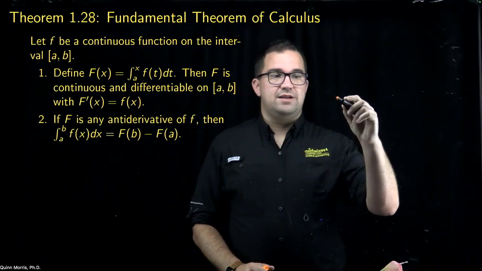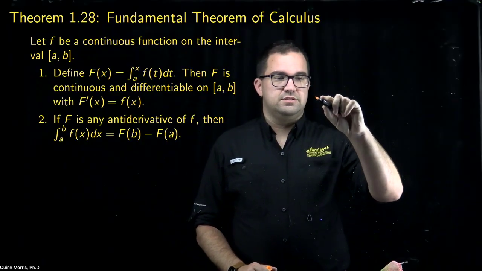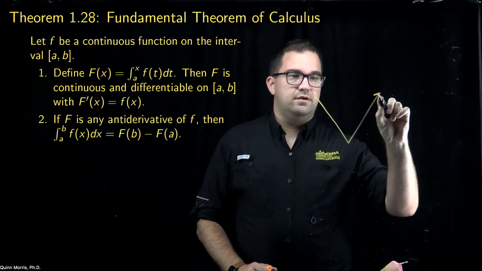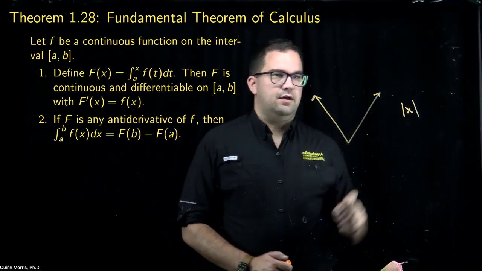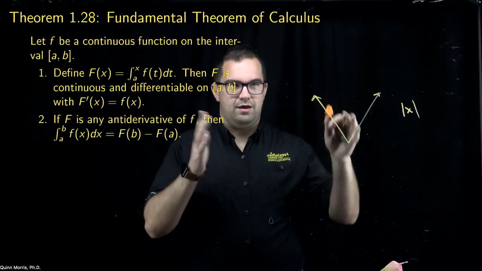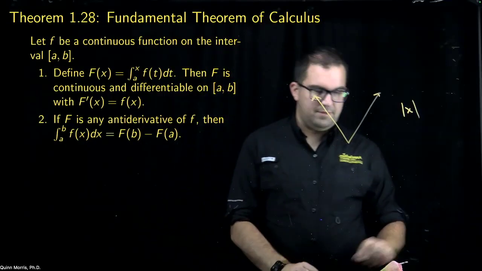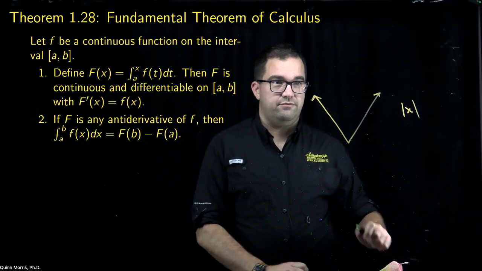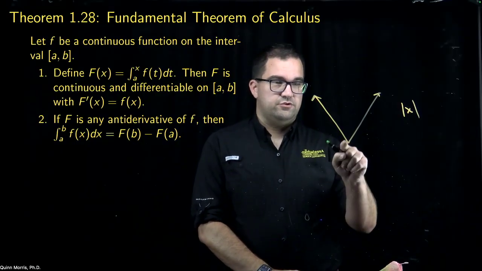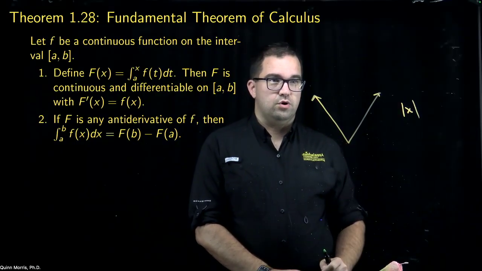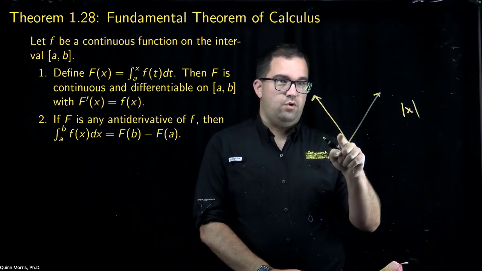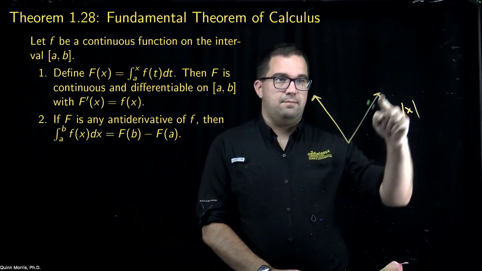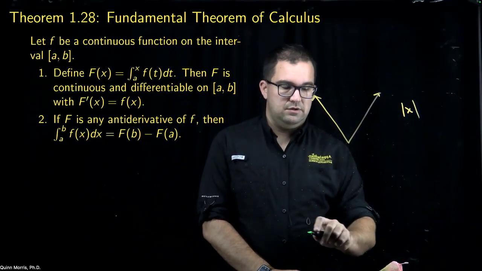So imagine, for the first part of the fundamental theorem of calculus, a function like the absolute value of x. I'm not going to draw any axes here, but you can imagine this one. If you tried to take its derivative, first of all, it is not going to exist at the origin. And its derivative is going to be -1 when x is less than 0 and +1 when x is greater than 0.